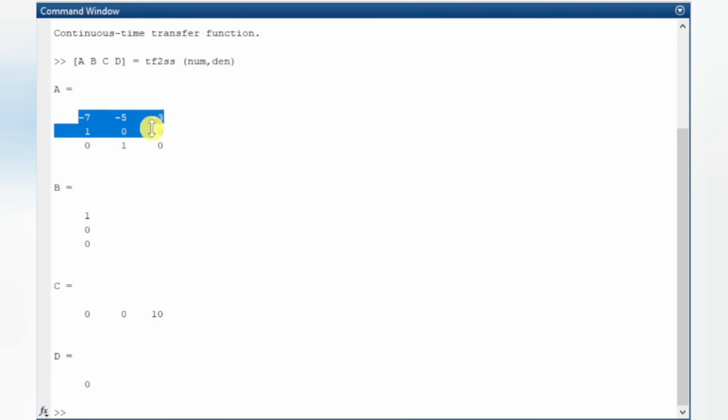Okay, I've explained to you the two forms of controllable canonical form. This is one of them, where all the coefficients are in the top row. Similarly, we can find the state space representation of the second question. So let me clear this.